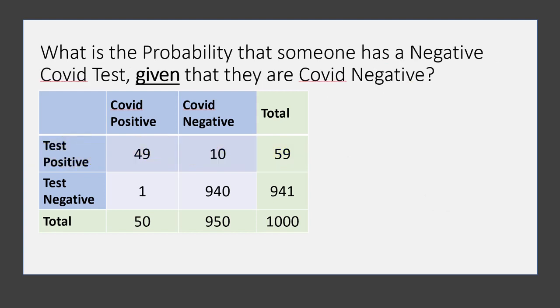Okay, moving on. So what is the probability that someone has a negative COVID test, given that they are COVID negative? Okay, so it's given that they're COVID negative, and we want to find the probability of having the negative test. This is called specificity.